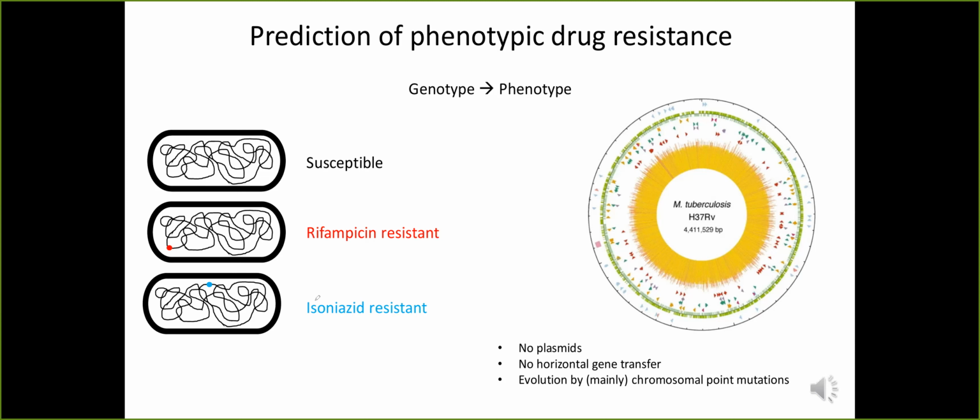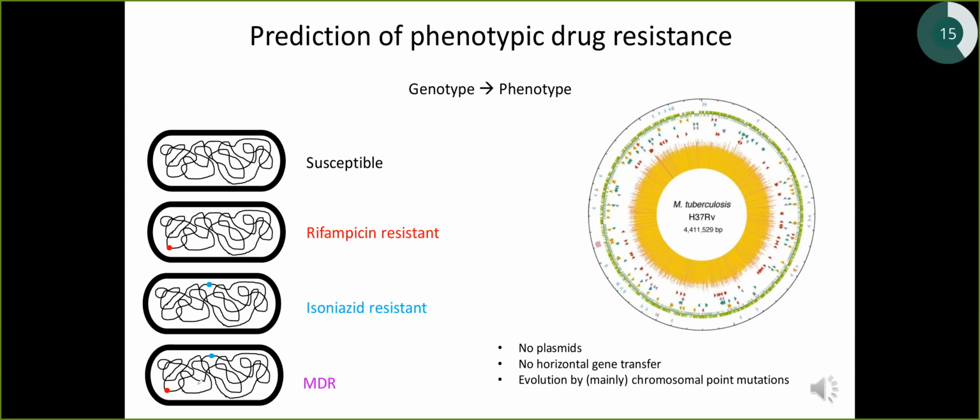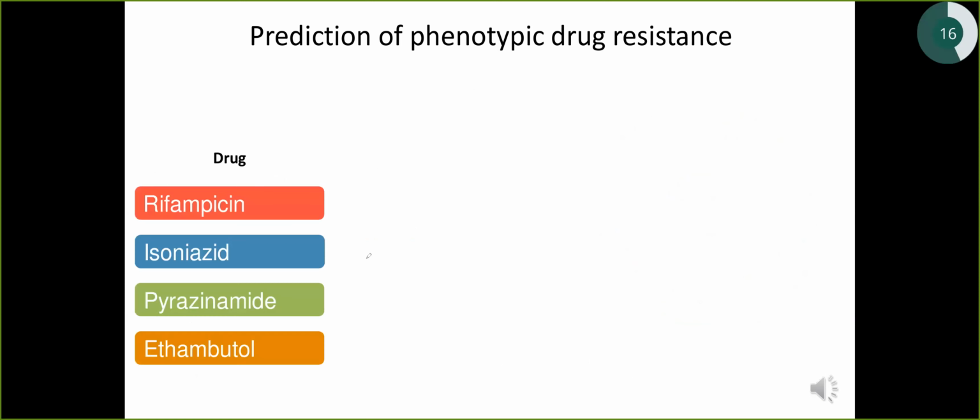This might be another mutation that confers resistance to isoniazid, or maybe the bacteria have both mutations, and then we know that bacteria is multi-drug resistant. And we will see how we know these mutations and how we detect them in just a few seconds.